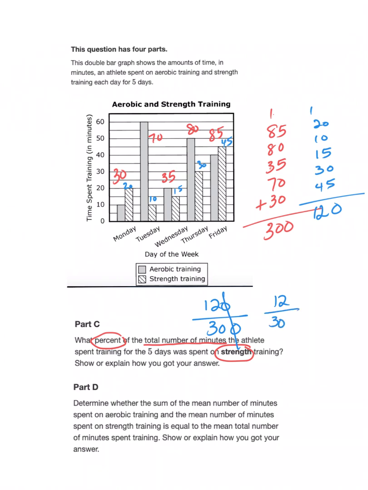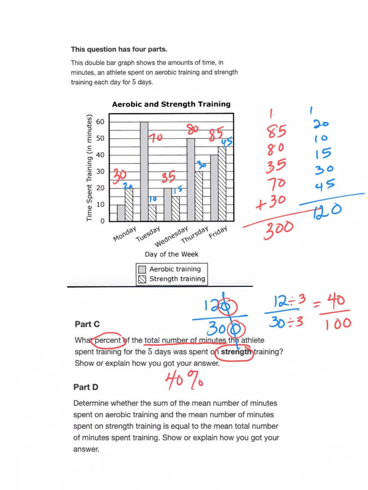Now, I can reduce this fraction because both 12 and 30 are divisible by 3, giving me 4 over 10. Okay, now, if I was to put these zeros back, I would get 40 out of 100. So that is your percent.